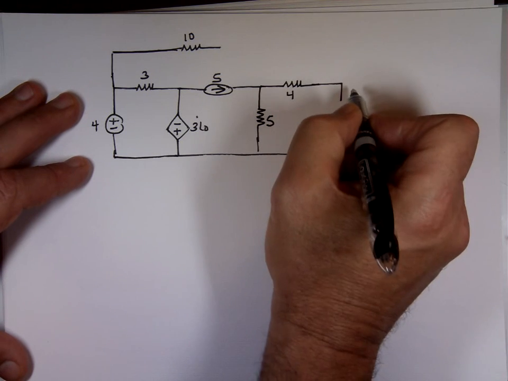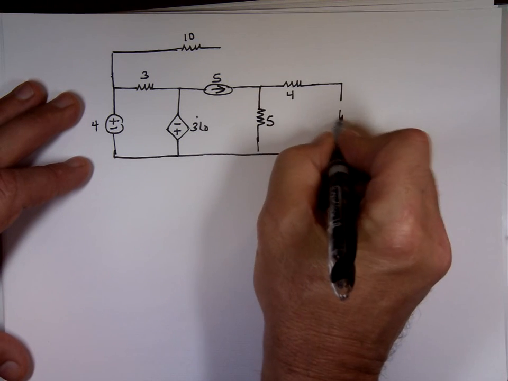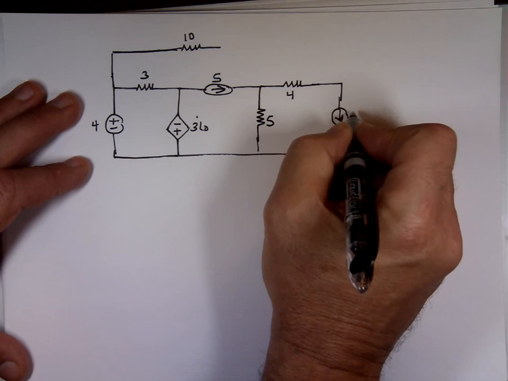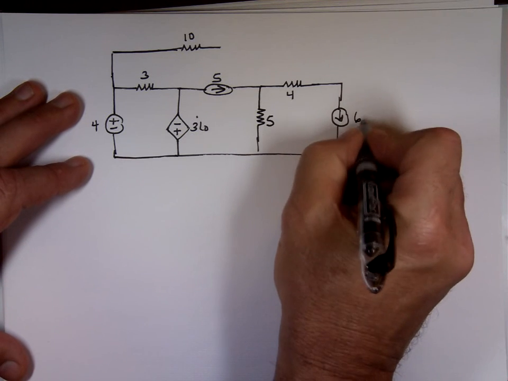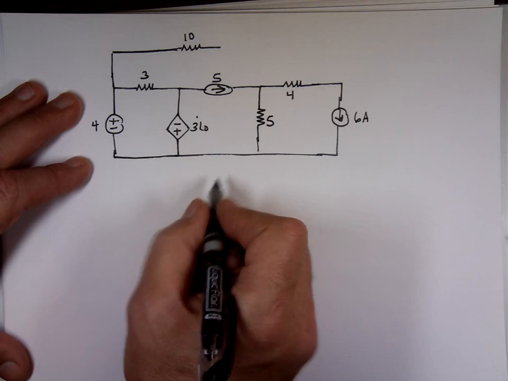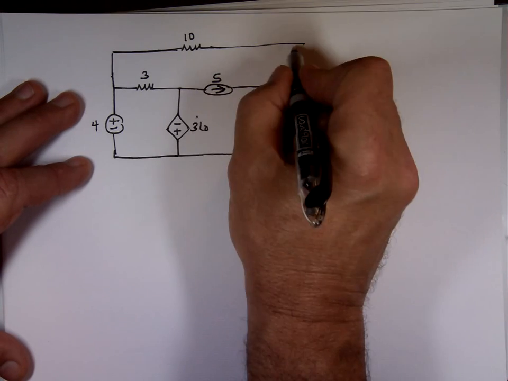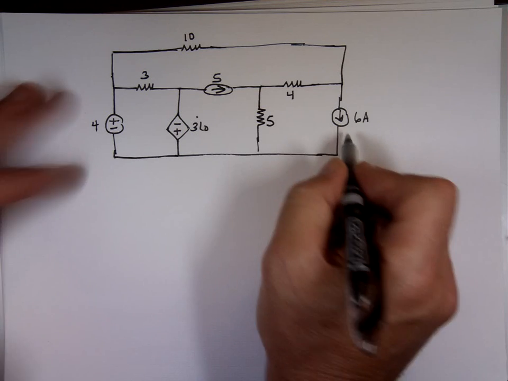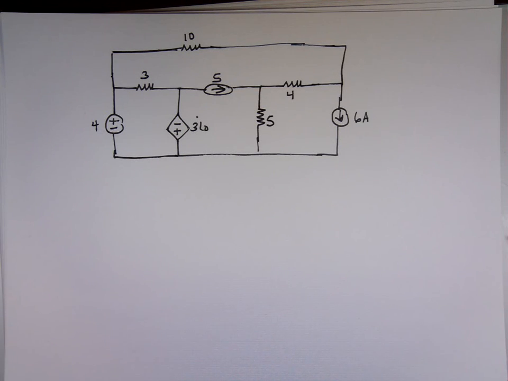Another current source here. That's a good current source. We like that one. 6, because we just took one equation out, and we've taken 2 out. Well, this one didn't take it completely. This one did. And you'll see that in a second. And I sub O was defined as the current on the top, right there.